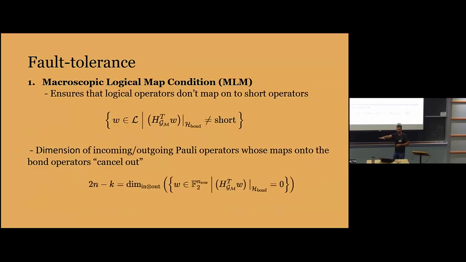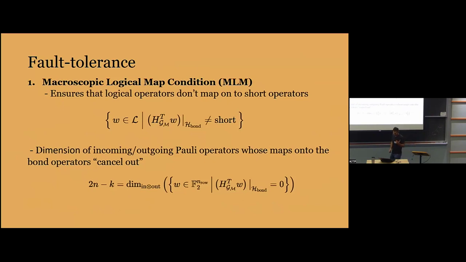If they map onto identity, meaning you measured them, we don't want that for sure. We also don't want to map them to short operators, because if they did that, that would correspond to a constant weight undetectable logical error in spacetime.